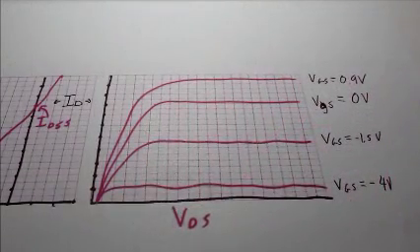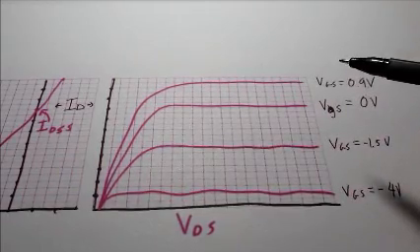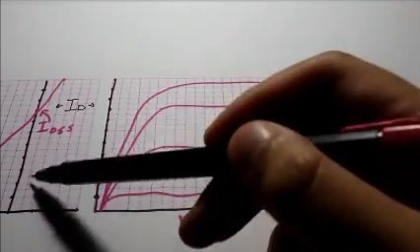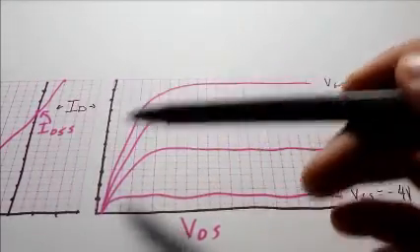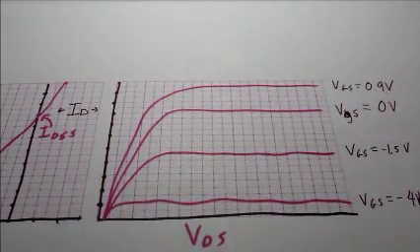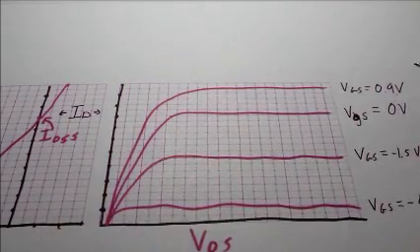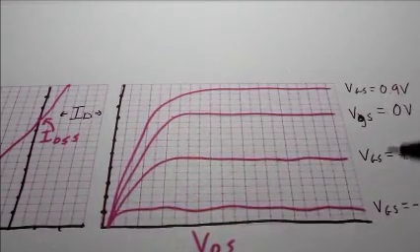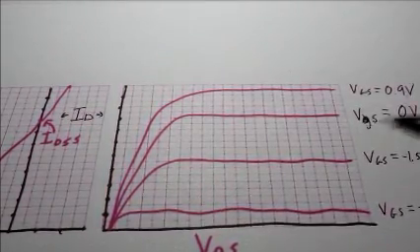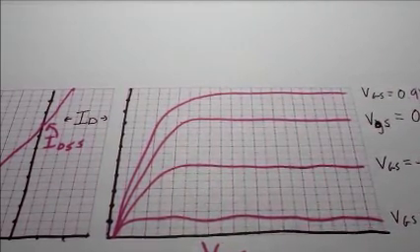So we have here a similar relationship between ID and VDS, and the scale is the same, and it only shows that for different VGS values, I'm going to have different relationships, different saturation currents, and different points.